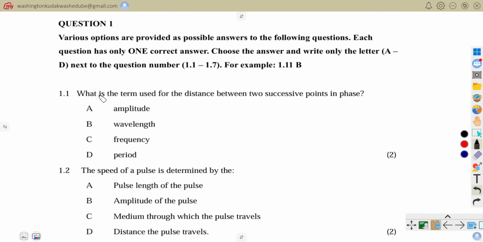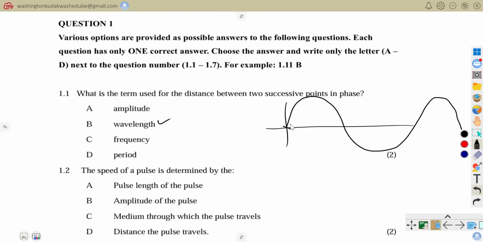So let's see what question number 1.1 was saying. What is the term used for the distance between two successive points in phase? What is the term that is used to describe the distance between two successive points in phase? That is what we refer to as a wavelength. You would remember that, let's say that you have got a wave, which would be a transverse wave.